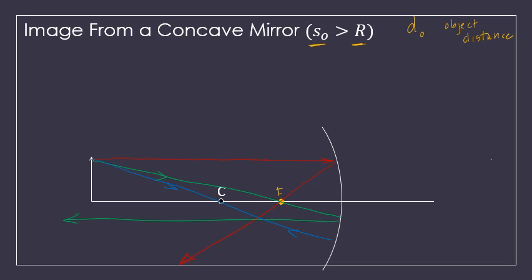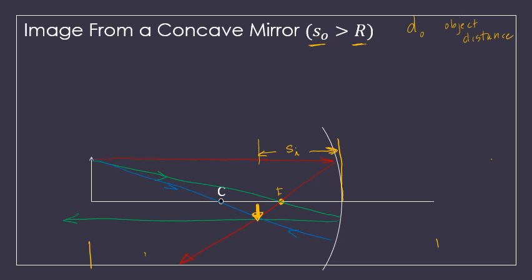And so now I can put the image on the picture. So I can label everything. This is my image distance. Again, your book is going to use SI, and Sapling will usually use DI.